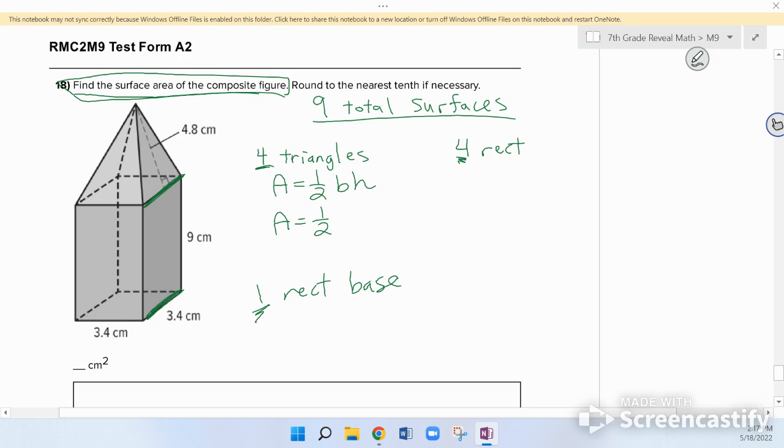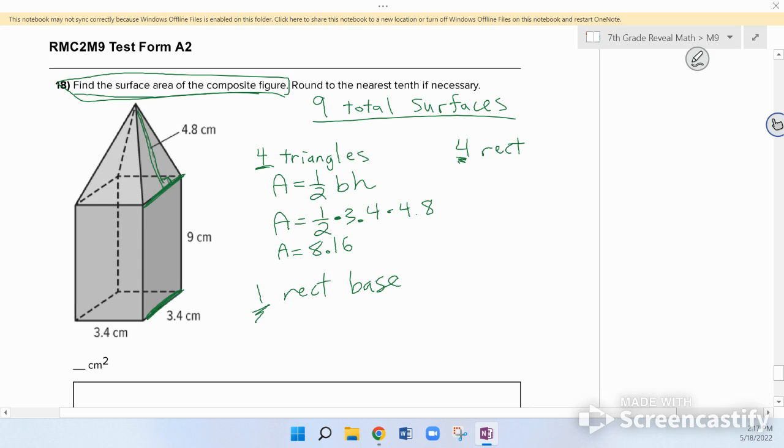It's down there, so the base of that triangle is 3.4. The height always meets it at a right angle, which is right there, and we go up. That's times 4.8. When I do that, I get 8.16.